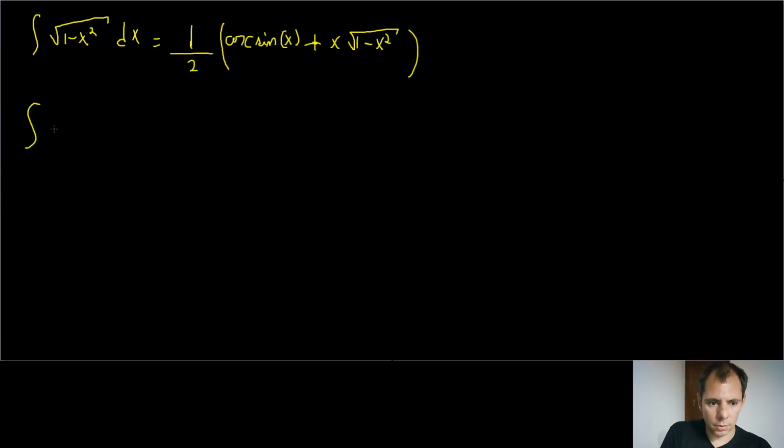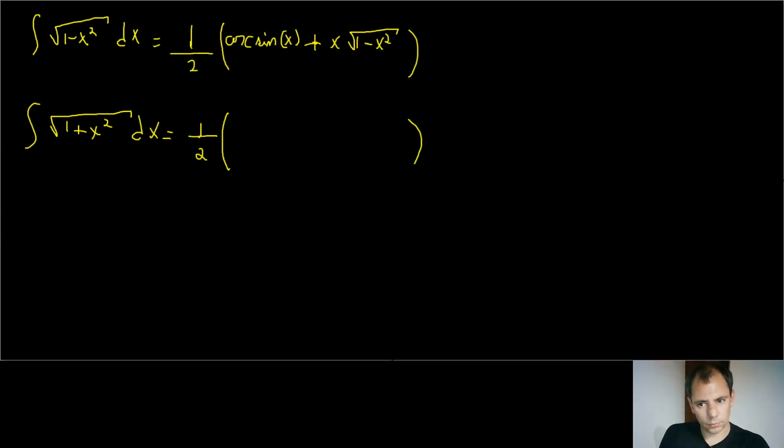Then you have the integral of the square root of 1 plus x squared dx, right? And it's going to be half. I'm going to do something similar. So this is going to be x times the square root of 1 plus x squared, right? Plus the inverse of the hyperbolic sine of x.